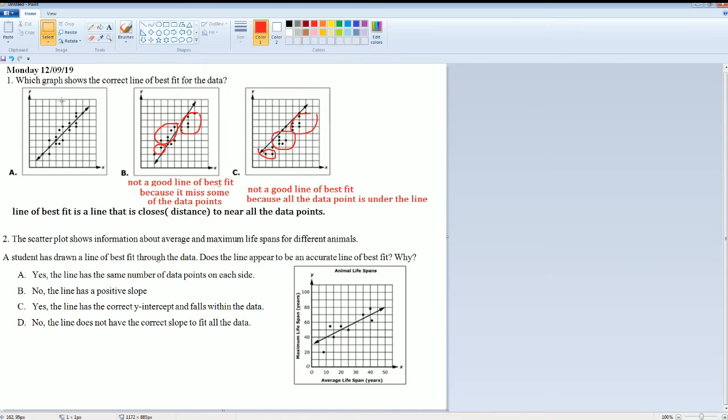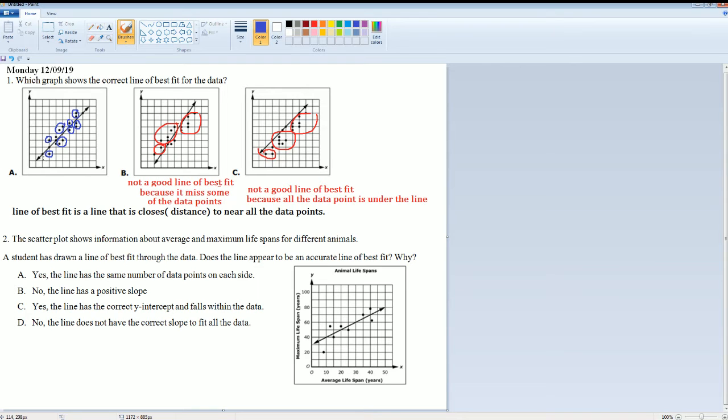And then this one looks really well, and let me explain why this is a good one. Although you have this one that is under it, do you see how this one is over it? These two are basically the same distance, so they cancel each other out. There are 2 on top, 2 on bottom, 1 on top, 1 on bottom, so it balances out.